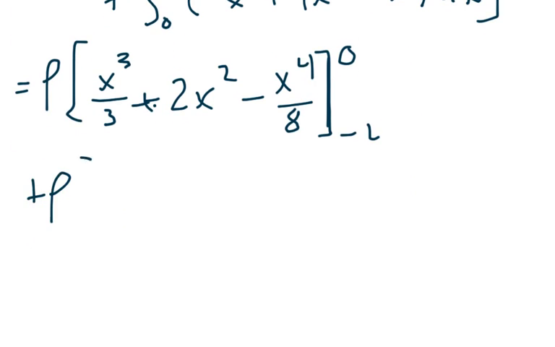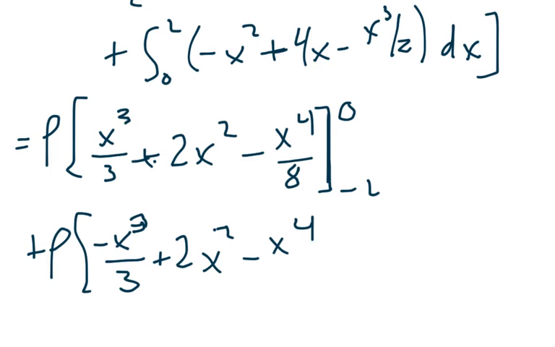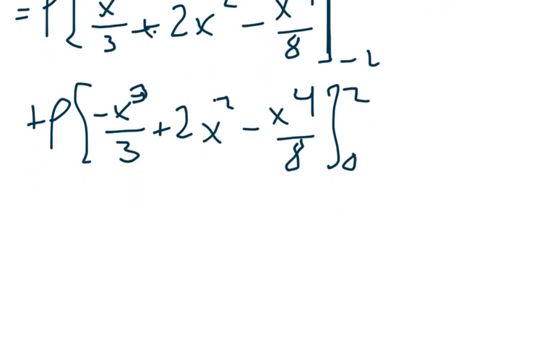Plus rho, and this one's minus x cubed over 3 plus 2x squared minus x to the 4th over 8 from 0 to 2, is equal to rho.